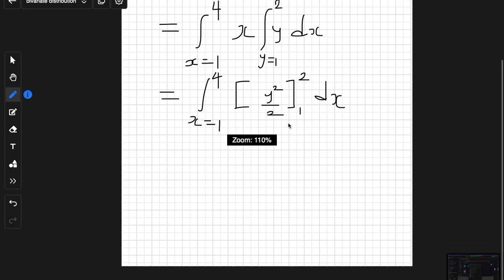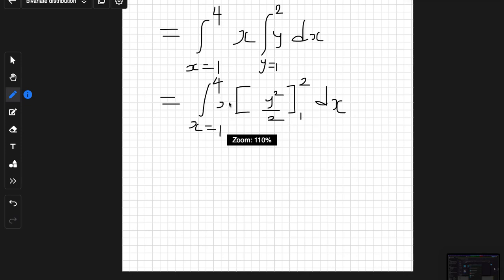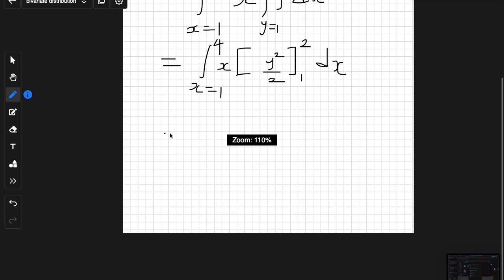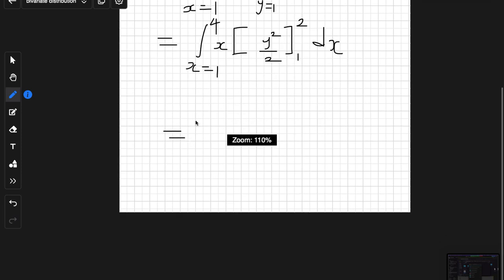That's what your x still will be here. And then you go on and say, okay, integral x equal to 1 to 4. Then you put this one. You can bring your 2 out, so you have x divided by 2.